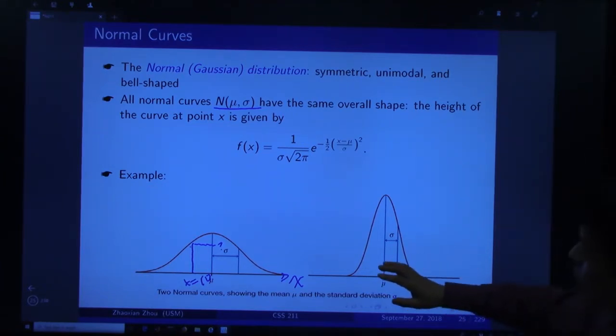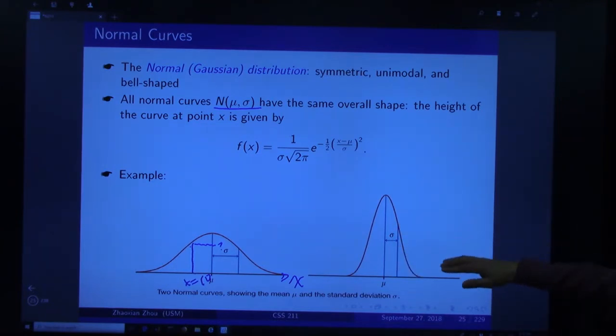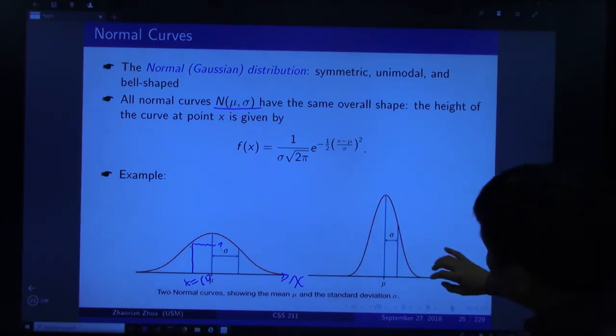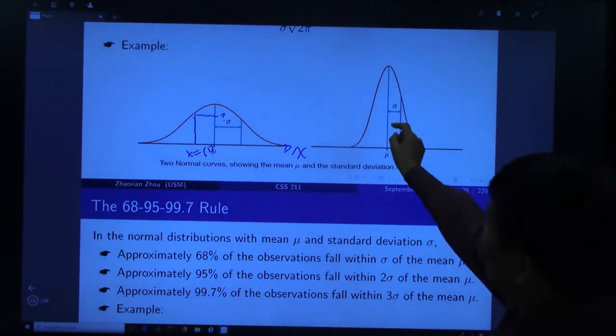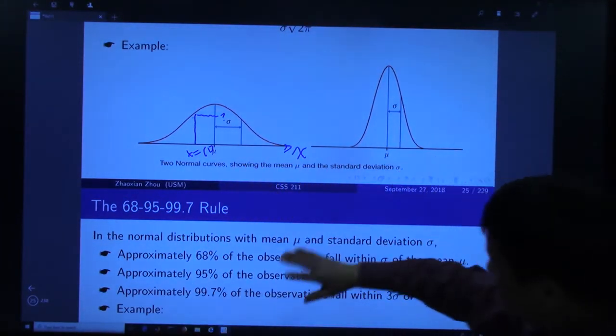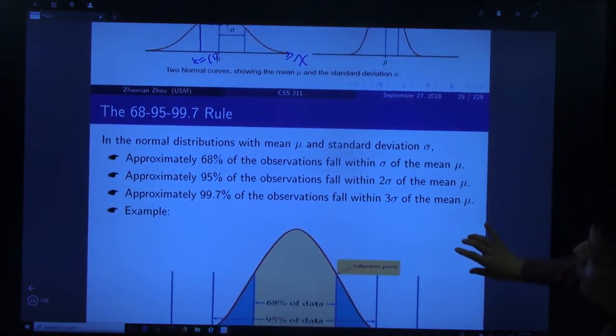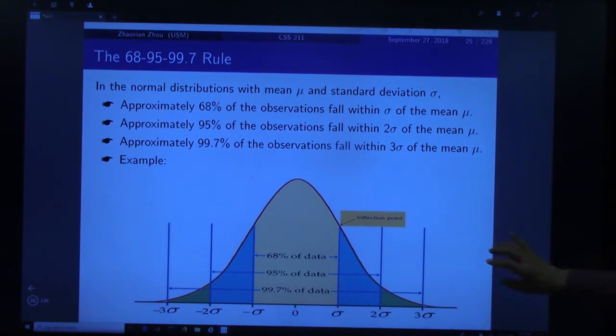There are a lot of normal curves. They all look the same, bell-shaped, but some may be very tall, some very short, some very thin, some very wide. But we have some rules here. The first one is called the 68, 95, and 99.7 rule.